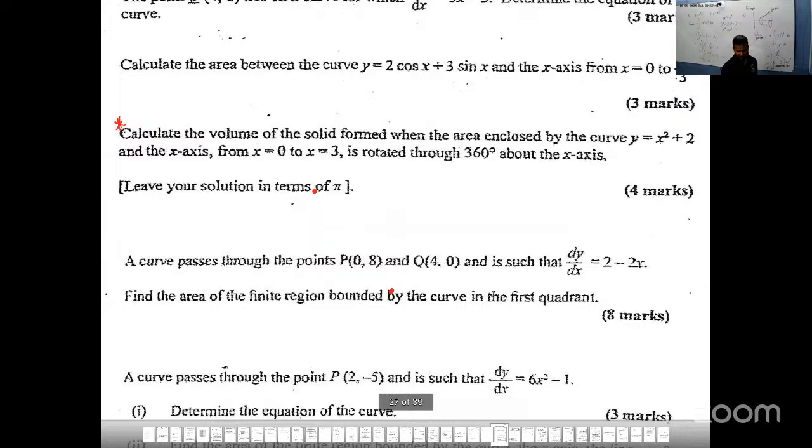Try that, please. Take your time, integrate it, work it out, and send your answers.